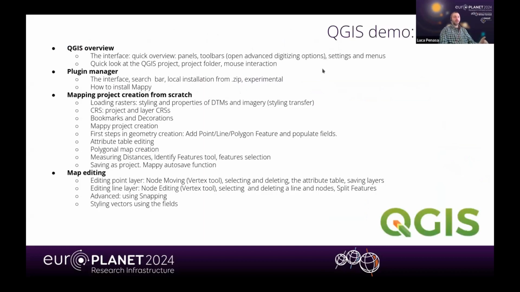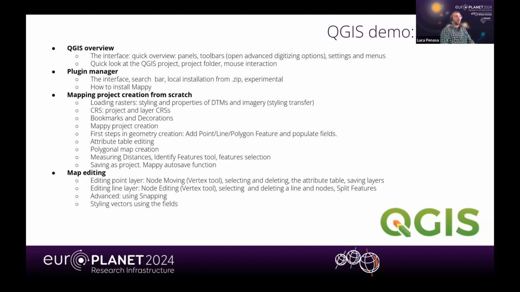So we will start right away with an overview of the main interface of QGIS. Then we will have a look at the QGIS project Riccardo created for us. We will have a look at how it is structured in terms of folders. So if someone gives you a project, how it looks like. And I want you to be able to move around, zoom in, zoom out, and perform the very basic operations with QGIS.